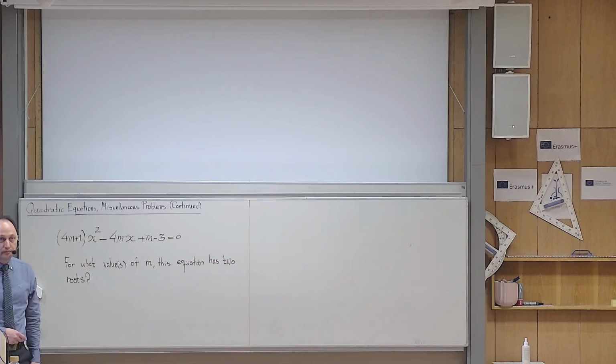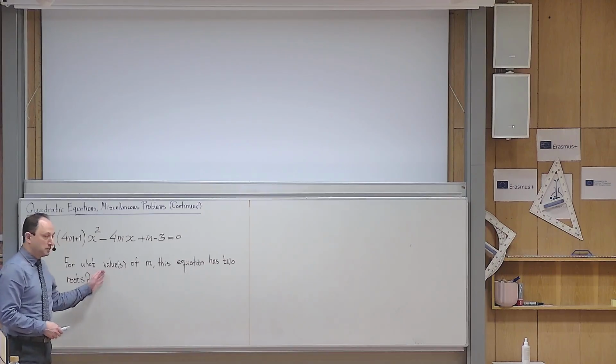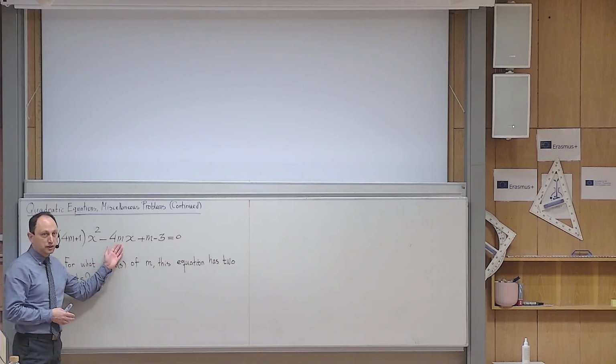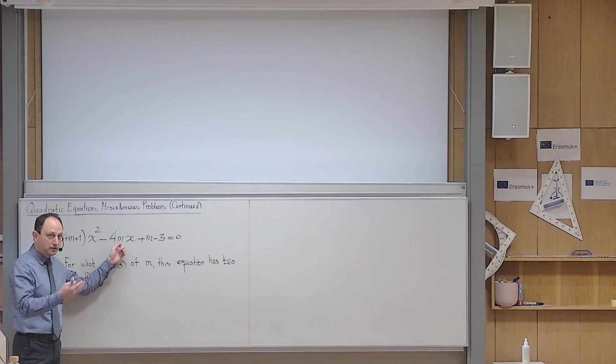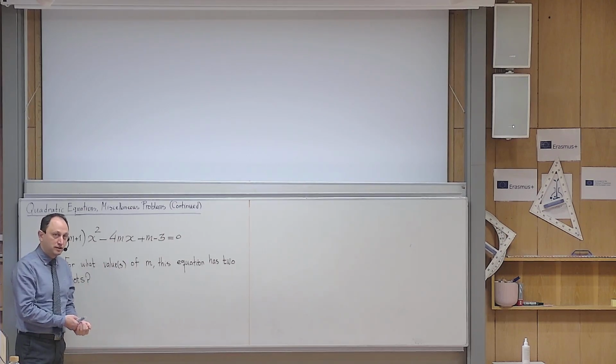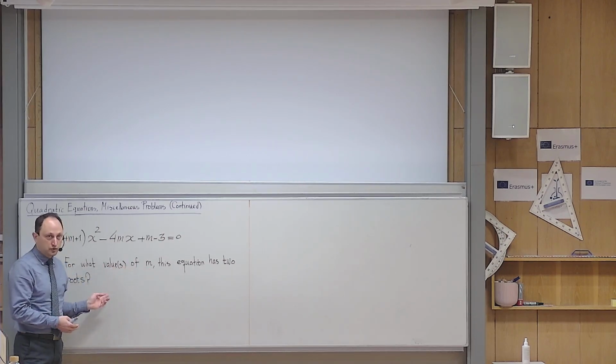I want you to fine-tune. Do you remember the simulation we did with GeoGebra? It means I want you to find all possible values for m, so that when you replace m with those values, you generate quadratic equations. When you solve the quadratic equation, it gives you two roots.